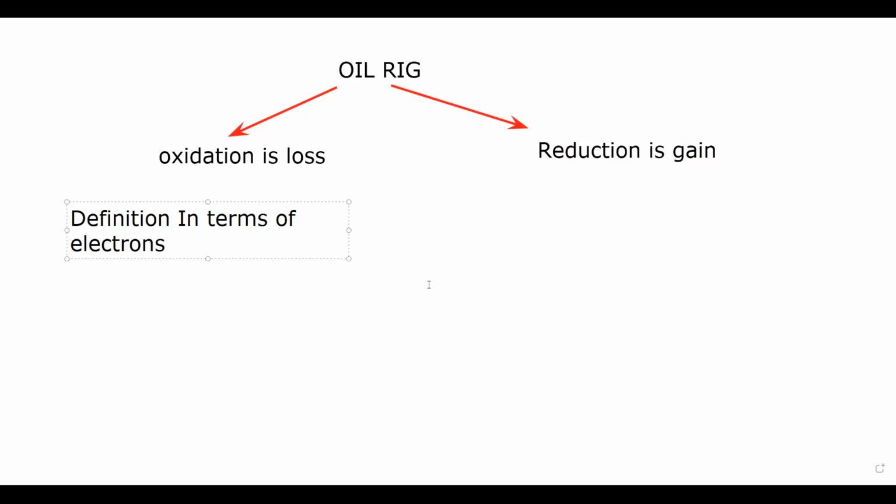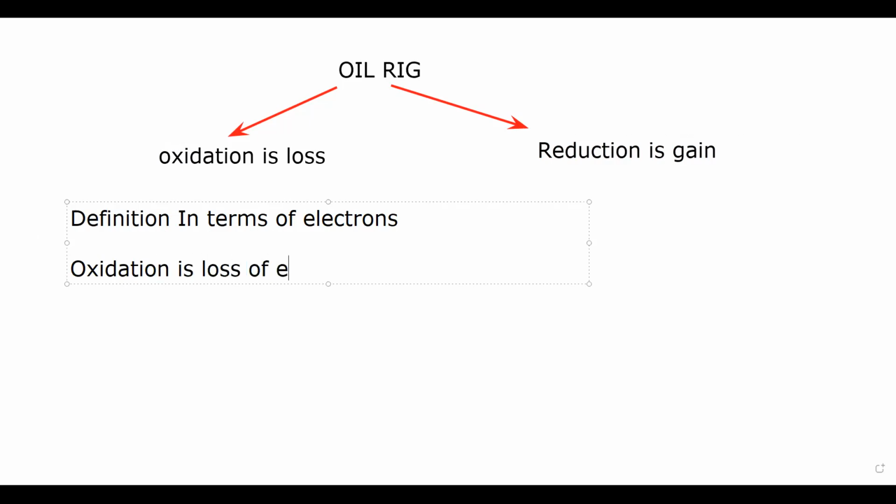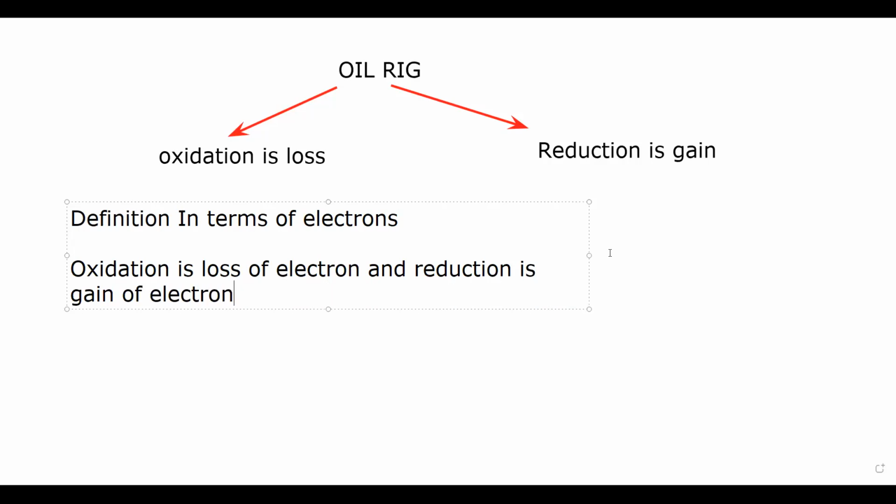So in terms of electrons, oxidation is a loss of electrons, and reduction is gain of electrons. So when something loses electrons, we call it oxidation, and when it gains electrons, we call that reduction.